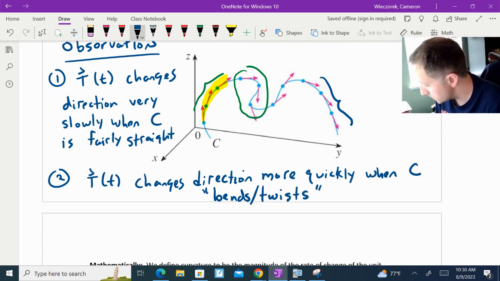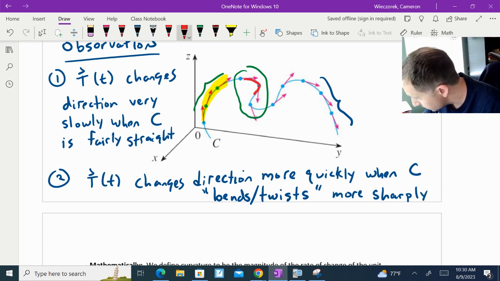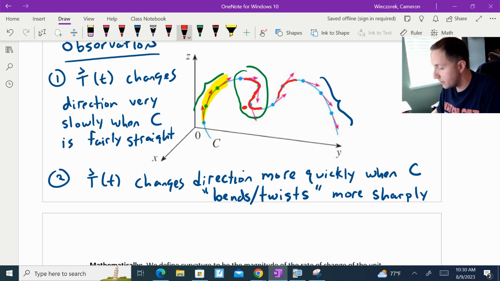You can see those areas on the graph. When I'm outlining right over here in red, it looks like it bends rapidly. Then it bends rapidly again right here where I'm putting a dot. Then it looks like it bends rapidly again up here. So there are definitely areas you can identify that are bending or twisting more sharply than others.